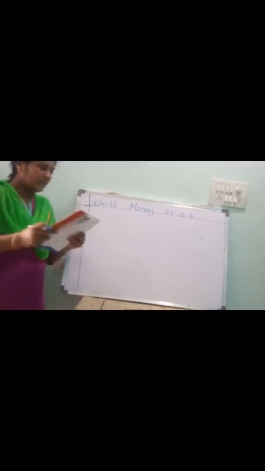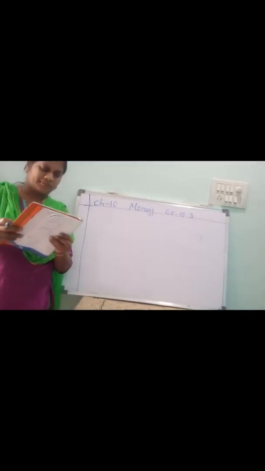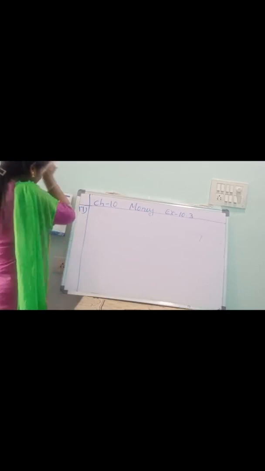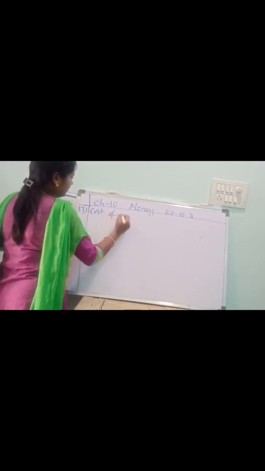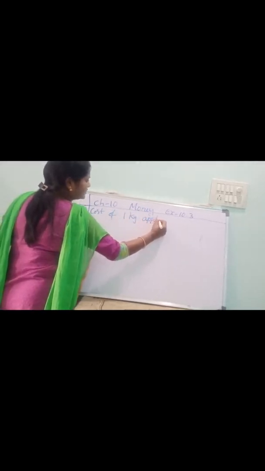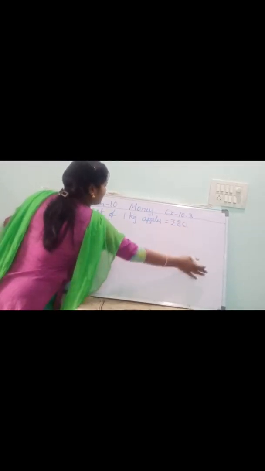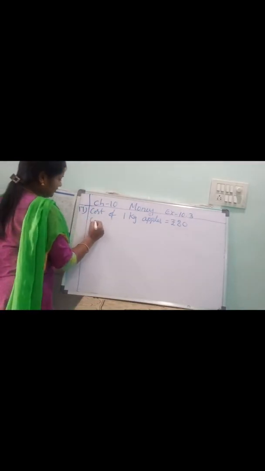Now, if 1 kg apple cost rupees 80, how much money do we need to buy 5 kgs apple? 17th one. What is the cost of 1 kg apple? 80 rupees. Cost of 1 kg apples is equal to rupees 80. Now, 5 kgs apple cost you should find.